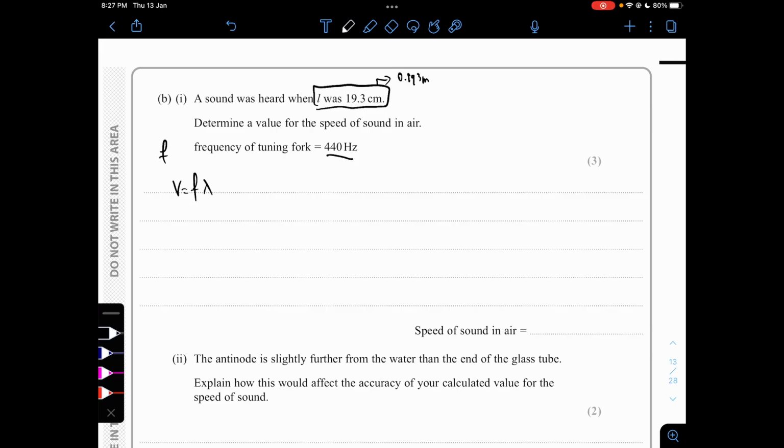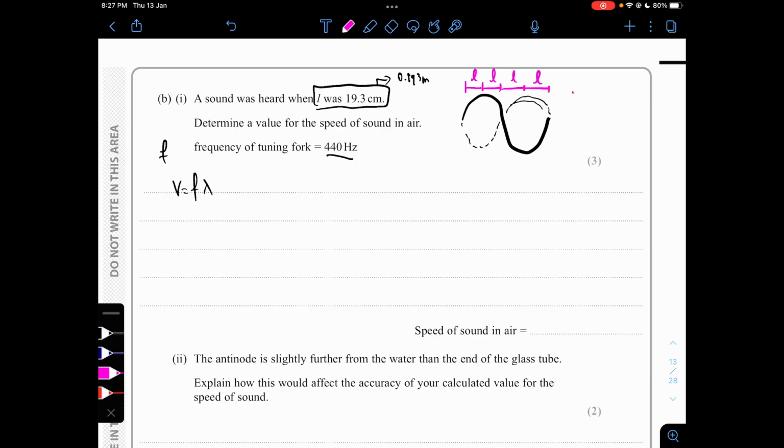Now, is L lambda? If you think about it, is L lambda? No, it's not, because if we take this wave, right, and then we take its anti-wave, or like this, we only have from here to here, which is L. So we'll have 4 of these.